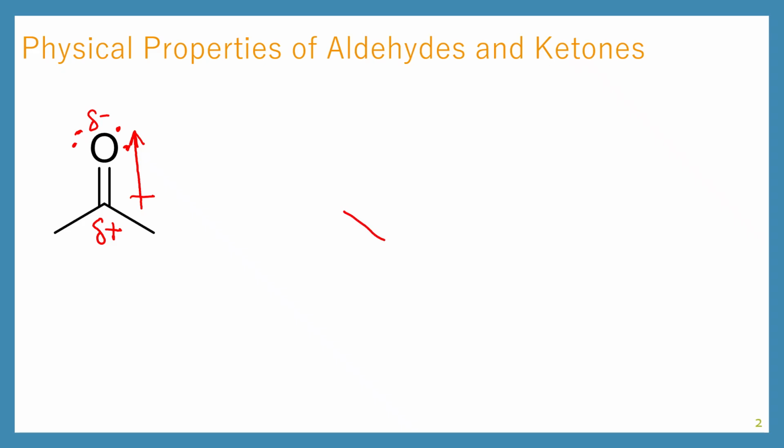I'm going to draw another molecule here. Same thing. So this molecule has one really important resonance form. And that resonance form is when we take the pi electrons in the carbonyl bond and push them up onto the oxygen.